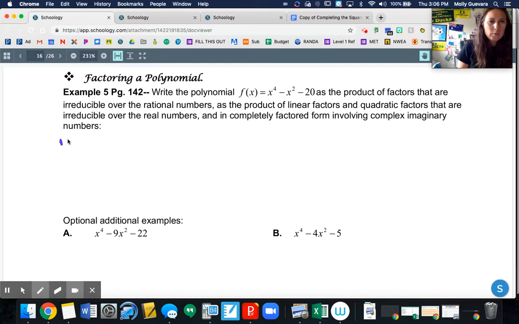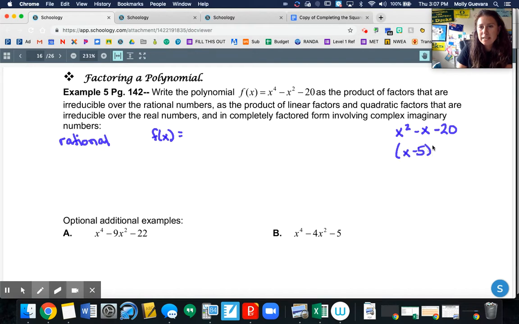So we're going to start with just the first one, which is over rational numbers. Okay, so f of x equals, and I want to factor this. Well, this is x to the 4th, but this is x squared. So what I'm going to do is rewrite this where instead of x to the 4th and x squared, it's just x squared minus x minus 20. Because this is something that I can factor, right?